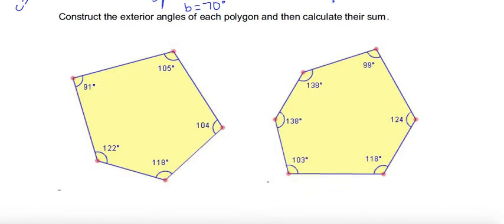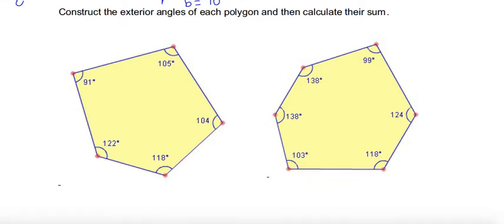So now let's take a look at these shapes. These are not regular shapes, but here I have 1, 2, 3, 4, 5 sides, and a 5-sided shape is a pentagon. This is not a regular pentagon by any stretch.